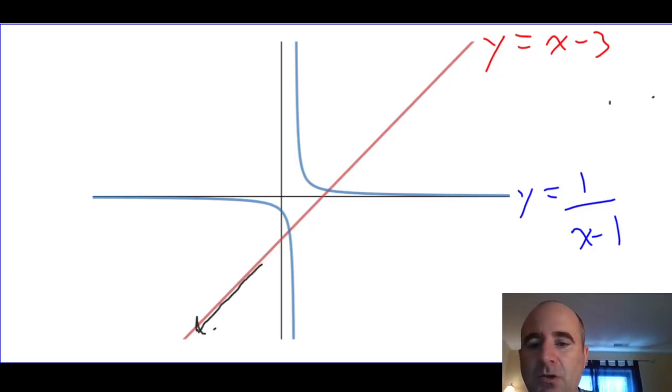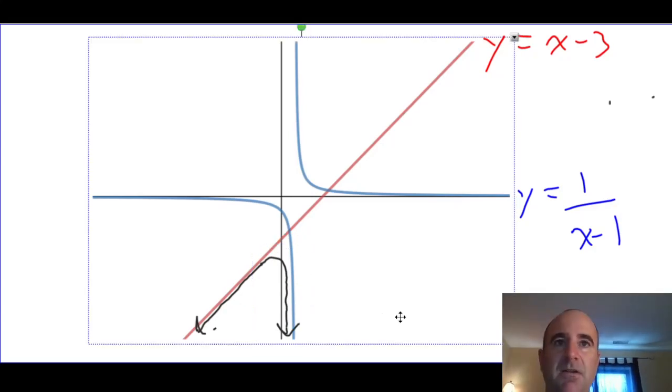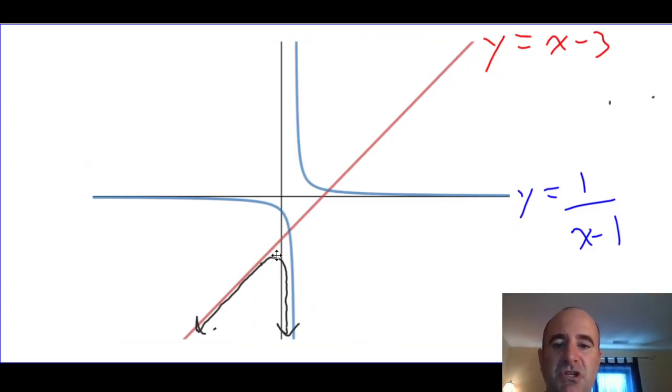Now, what ends up happening is that eventually the red gets closer and closer to 0, but the blue starts to take off towards negative infinity. So somewhere, this graph turns and changes direction like that. Now, if we look at our graph in Desmos, it sure looked like that, at the y-intercept. We don't worry too much about where exactly that happens yet. That's more of a calculus question.